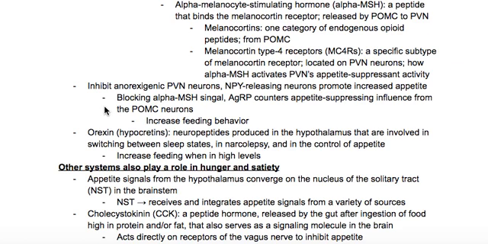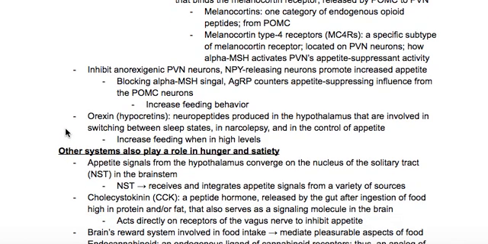In inhibiting anorexigenic PVN neurons, MPY releasing neurons promote increased appetite. By blocking the alpha MSH signal, AGRP counters appetite suppressing influence from the POMC neurons to increase feeding behavior.